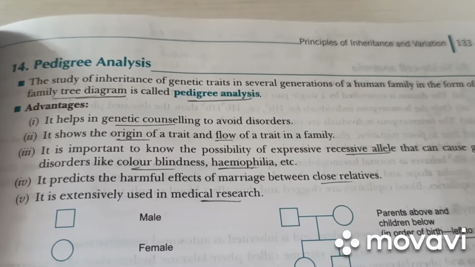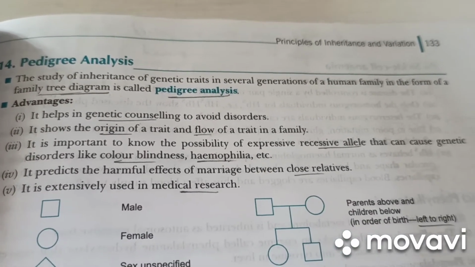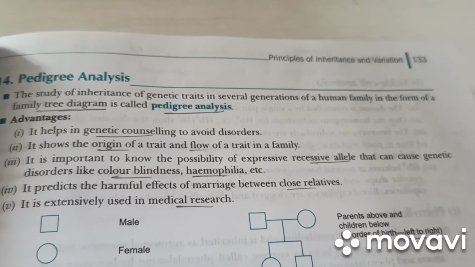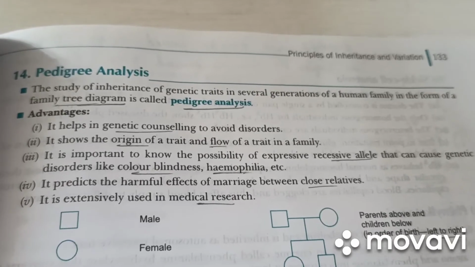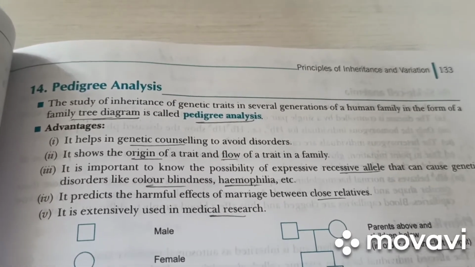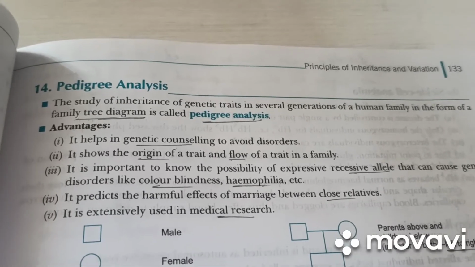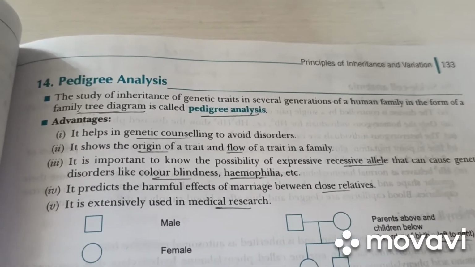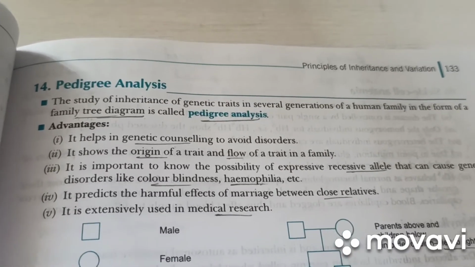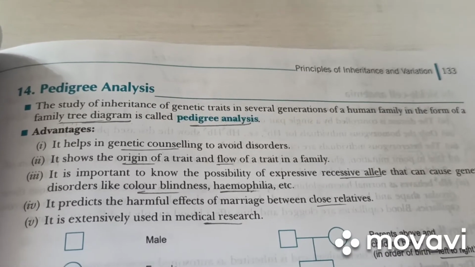Third, it is important to know the possibility of expressing recessive alleles that can cause genetic disorders like color blindness, hemophilia, etc. You know what color blindness is? In the evening you cannot see in the dark, that is called color blindness. Hemophilia means bleeding, we can't control it, the blood will not clot. That is called hemophilia.